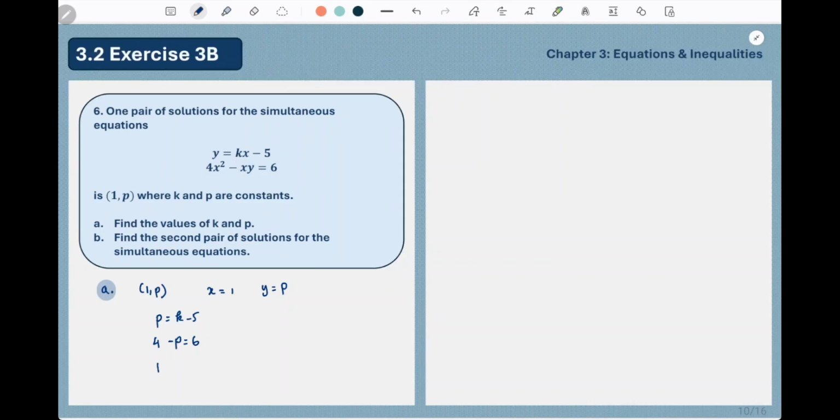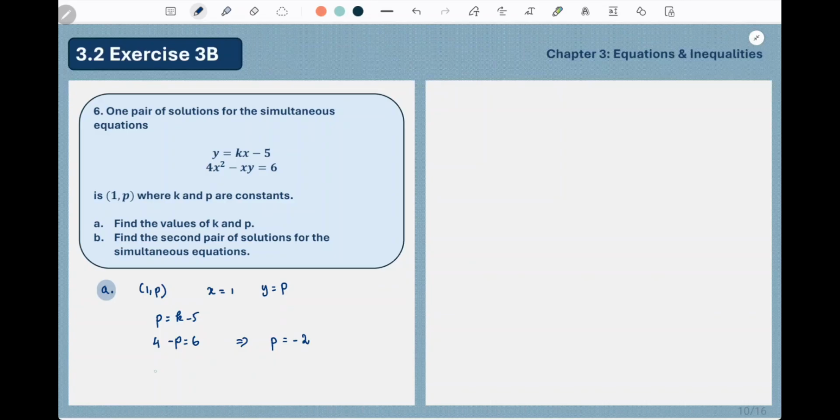So from the second one, we can deduce that p is equal to 4 minus 6, which is minus 2. Okay, now I know p is equal to minus 2. I can substitute this one into that one and find k.